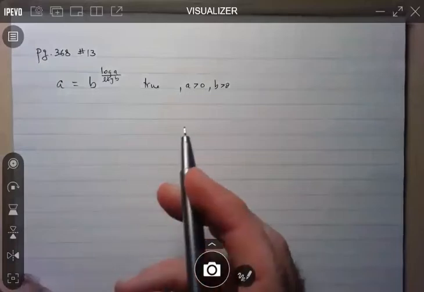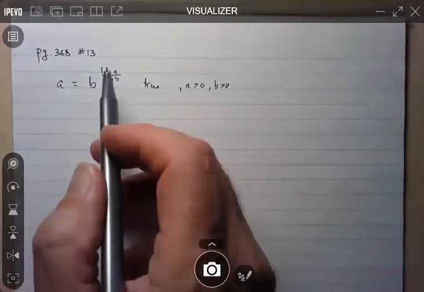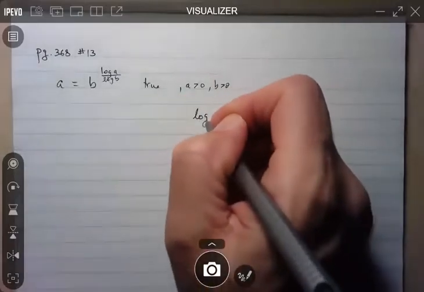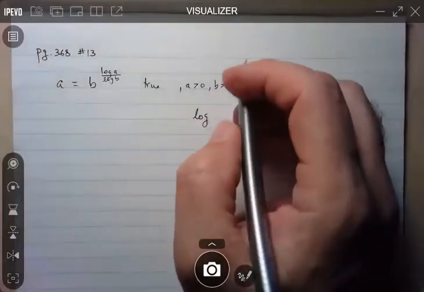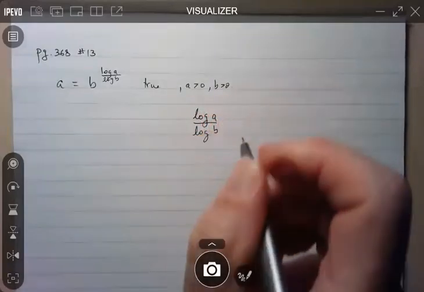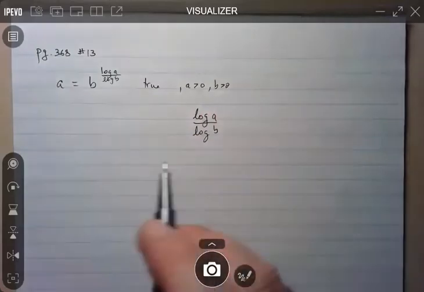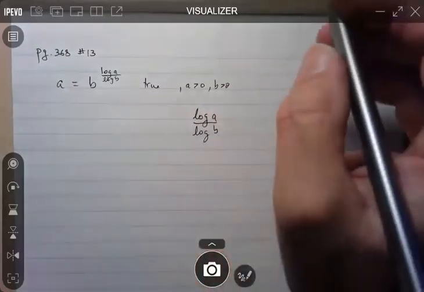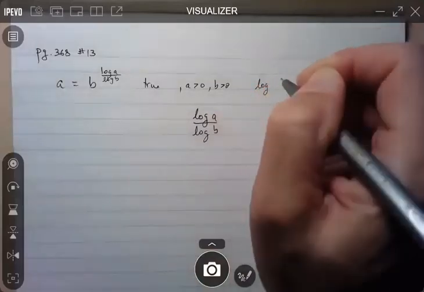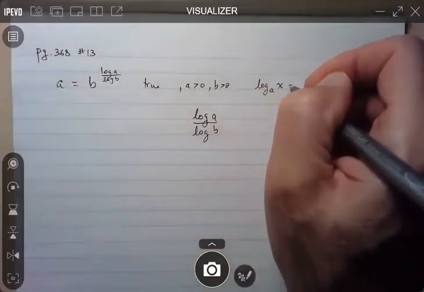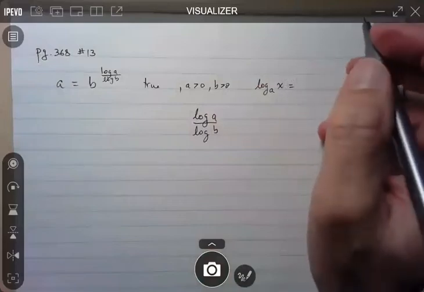I think the way I did in class was I noticed that this expression, log A over log B, looks a lot like one of our logarithm rules. It looks a lot like the change of base formula. So if we remember what the change of base formula is, it says the logarithm of any base can be turned into the logarithm of any other base.